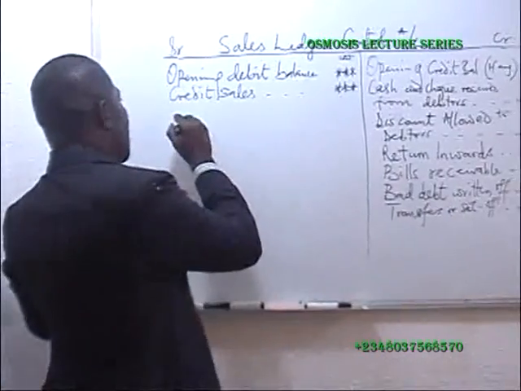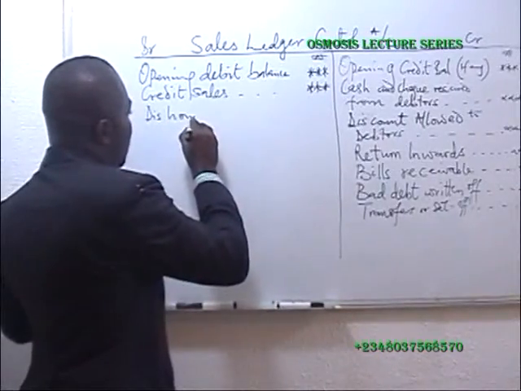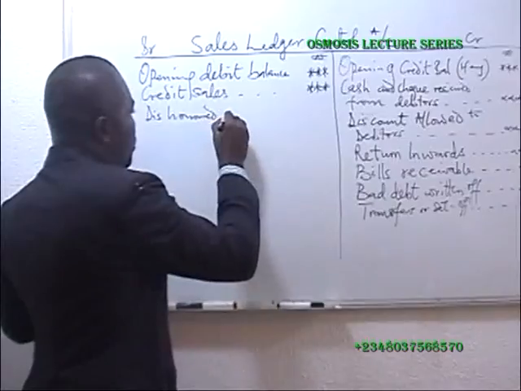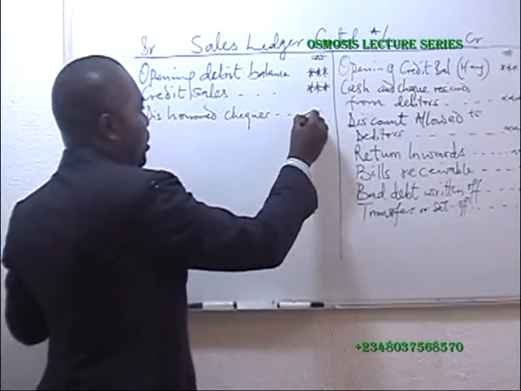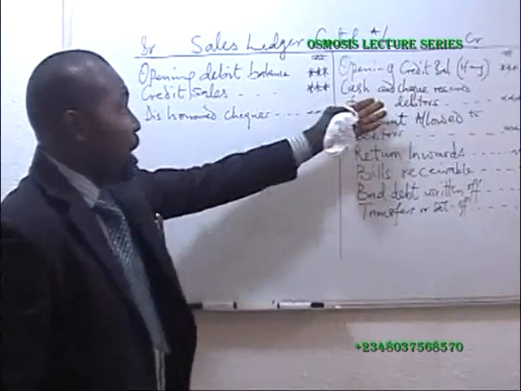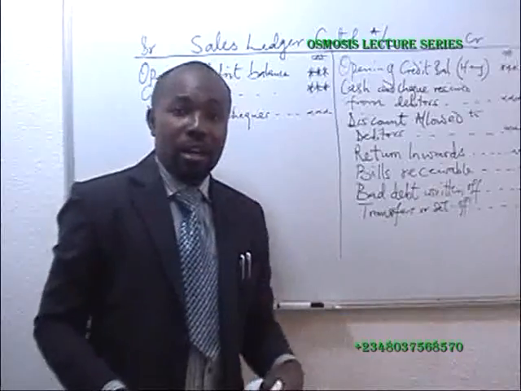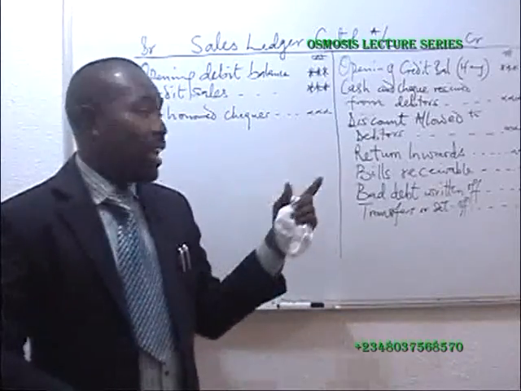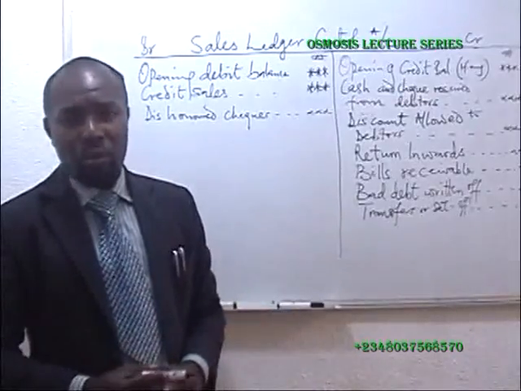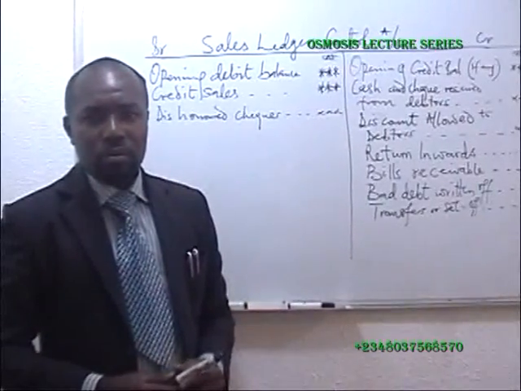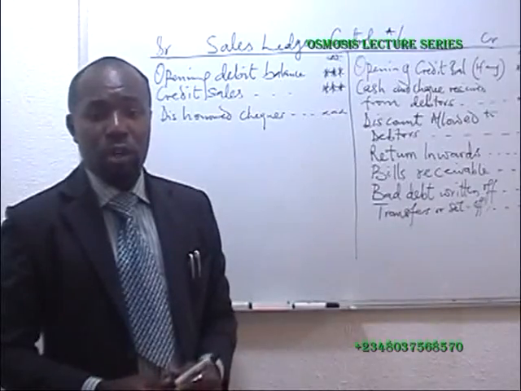So on this side, you now say dishonored checks. That is some of the checks they have paid you. When you take it to the bank, if it is dishonored, you return it back, and this will increase their debt again by that amount. I hope you are following.